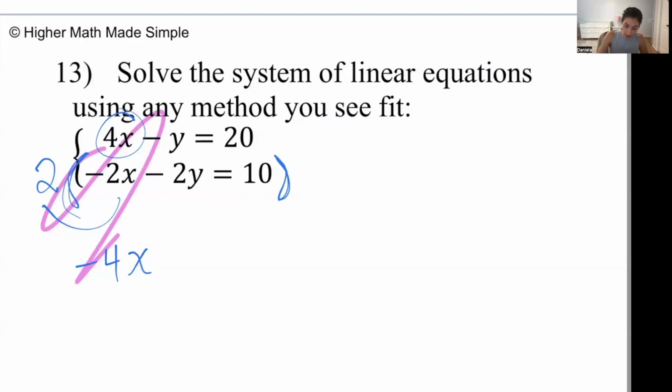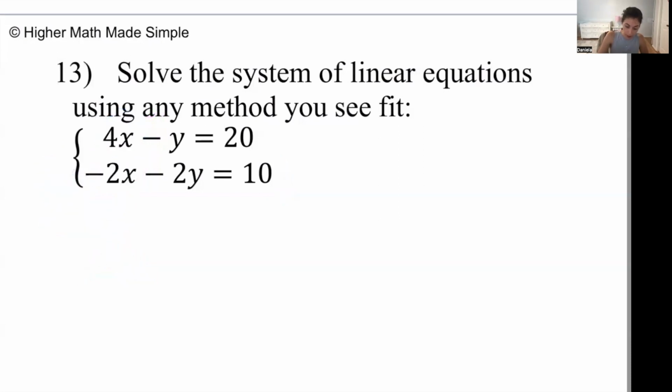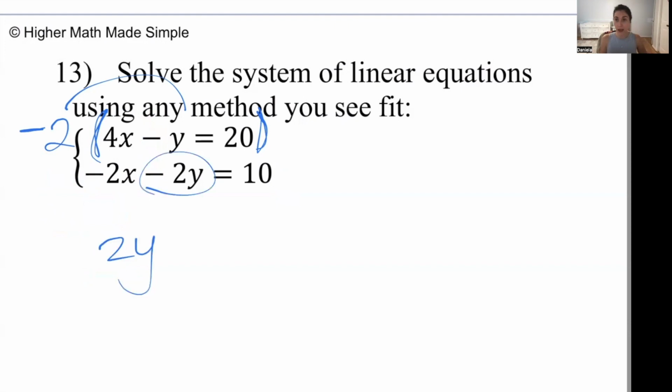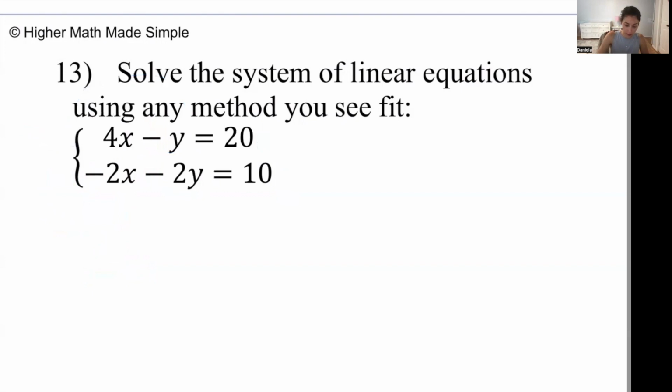Or the other way is if you were to multiply the top equation by positive 2, that's going to cancel the x's. 2 times negative y, actually, no, I lied. You're going to have to multiply by negative 2 because a negative times a negative would be positive 2y, and that is going to be opposite of negative 2y. So those would cancel.